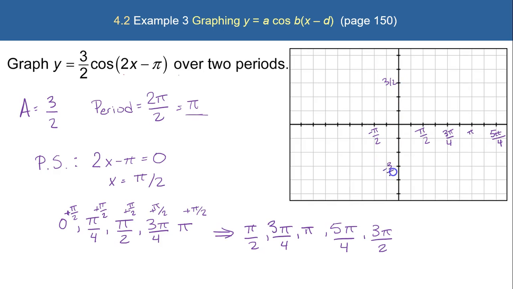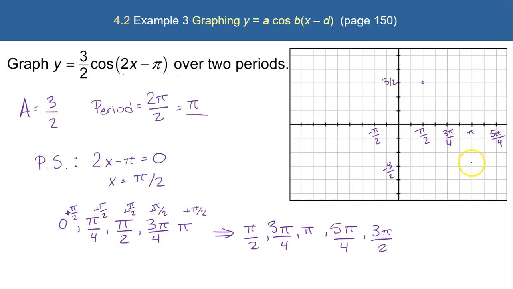My negative 3 over 2 is right here. And then 3 pi over 4, I'm going to get this value here, it's 0.